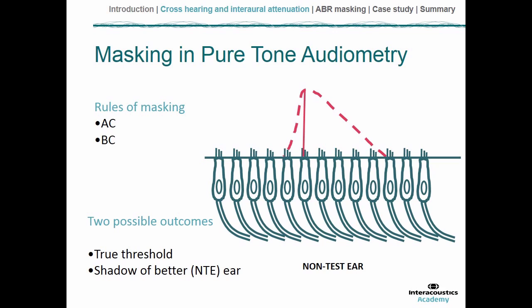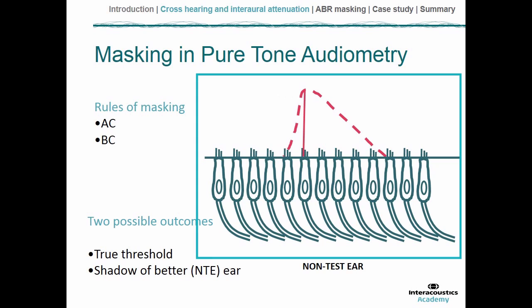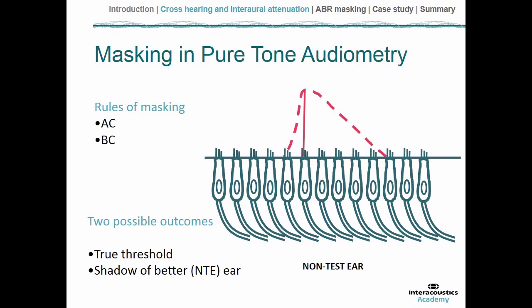And so what I'm going to just show with this schematic here is what can happen when sounds are detected in the non-test ear, and then how the masking helps to prevent that from happening. So what we're showing in the non-test ear here is a schematic of the basilar membrane with the hair cells of course lined up, and they're lined up in a tonotopic fashion.